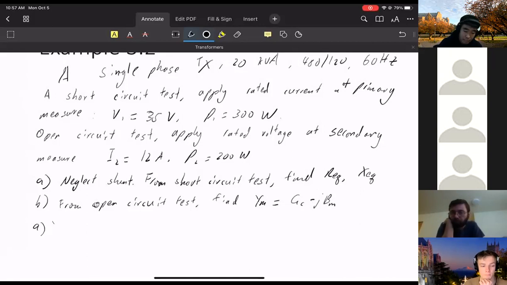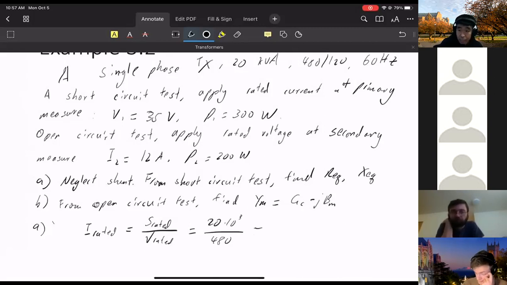We're applying this at the primary, so we're going to use the primary side rated voltage. The rated current is 41.67 amps.